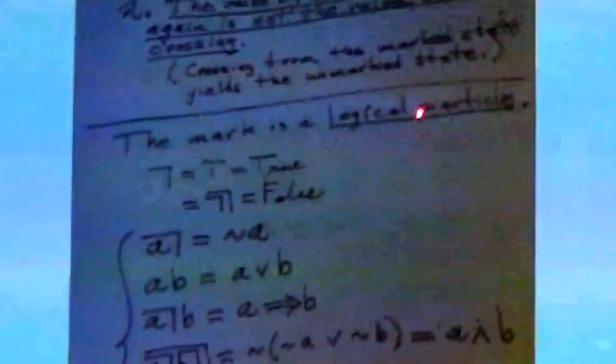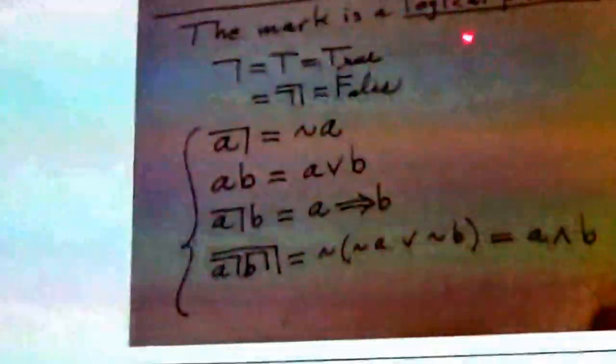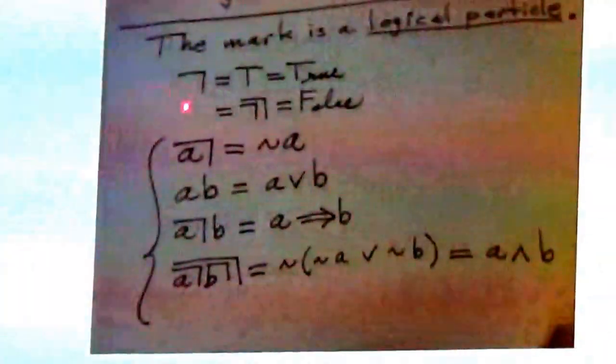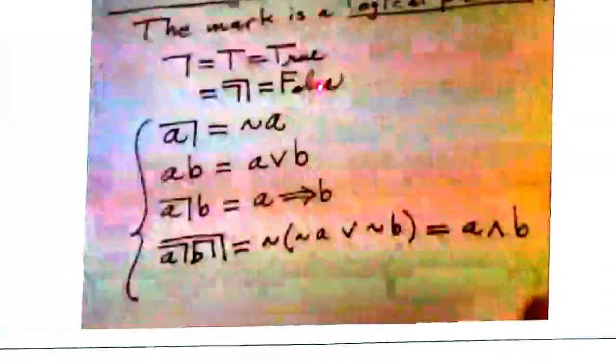Now the mark is a kind of logical particle with two ways of interacting with itself. And just for the sake of reference here, this is how you build ordinary first-order logic with it. You take the mark itself to stand for true, and the unmarked state to stand for false.